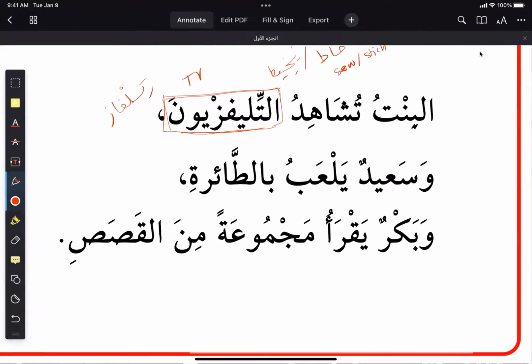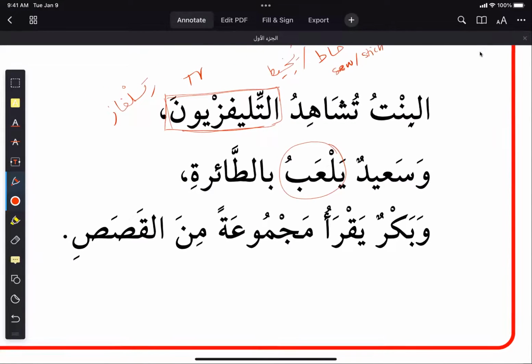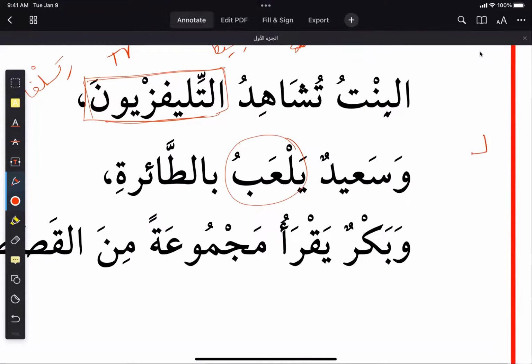Then we have وَسَعِيدٌ يَلْعَبُ بِالطَّائِرَةِ. And Sa'id, what is يَلْعَبُ? Very important verb. We had this one quite a lot of times, and it also comes in the Quran very often. لَعِبَ يَلْعَبُ.